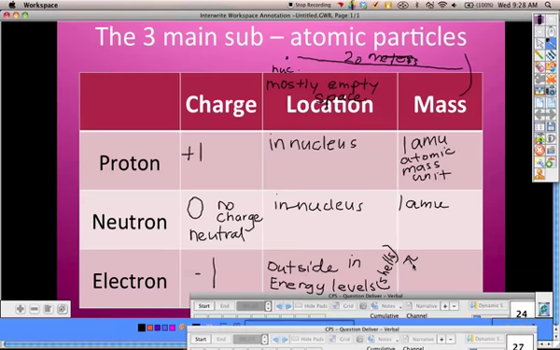Electrons are approximately 1 over 2,000 AMUs. So for all intents and purposes, we say that the electron weighs about 0 AMUs. When we're figuring out the mass on the periodic table, it's pretty much negligible.